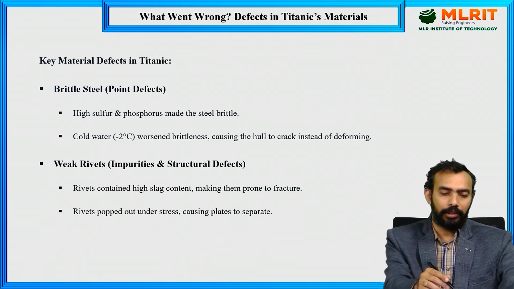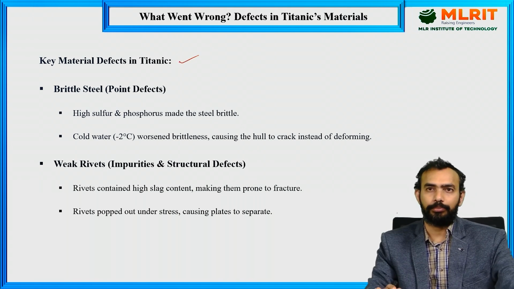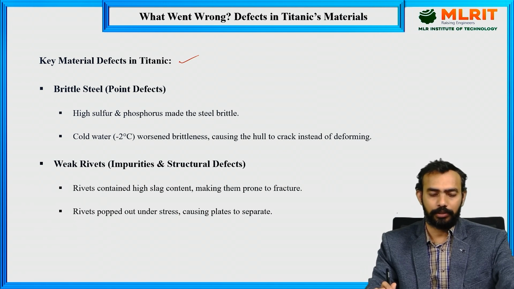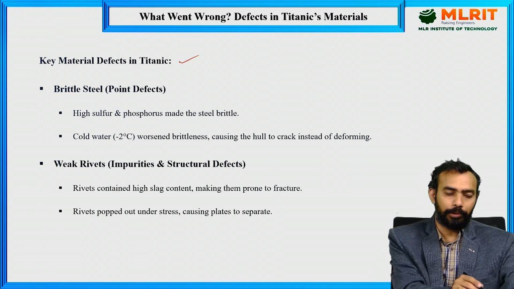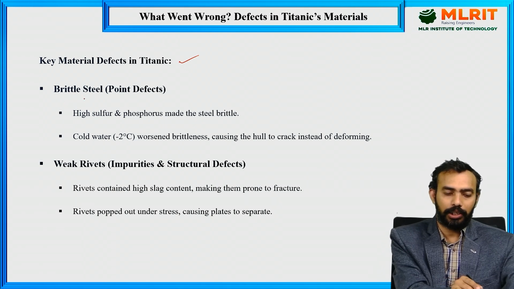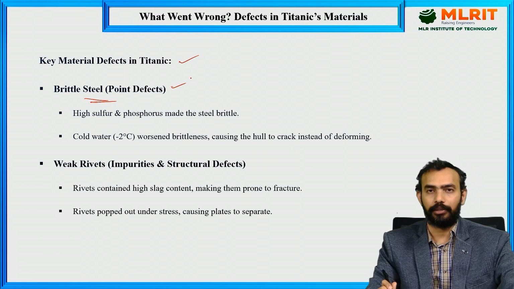The key material defects were observed after a systematic investigation from the metallurgical as well as the scientific perspective. It was identified that the steel being used had point defects present in the material.